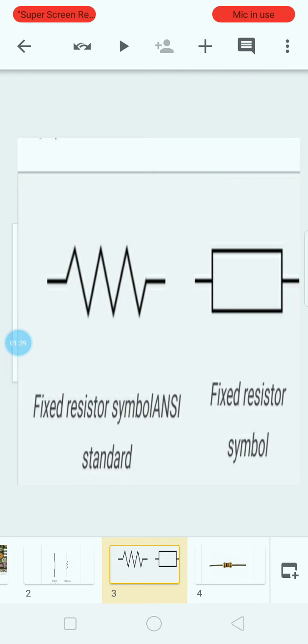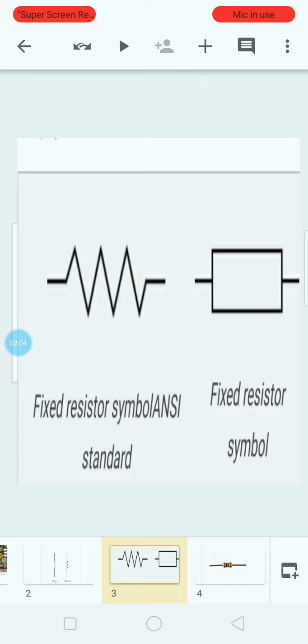The resulting current is inversely proportional to the resistance. This is defined in Ohm's law, which states that current I is equal to the voltage V divided by the resistance. That is, I is equal to V divided by R.